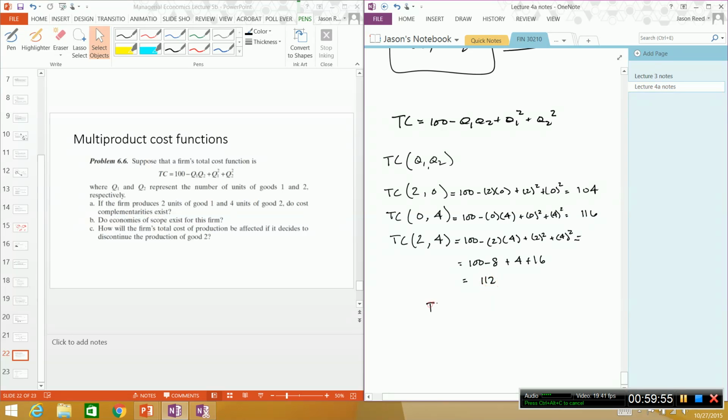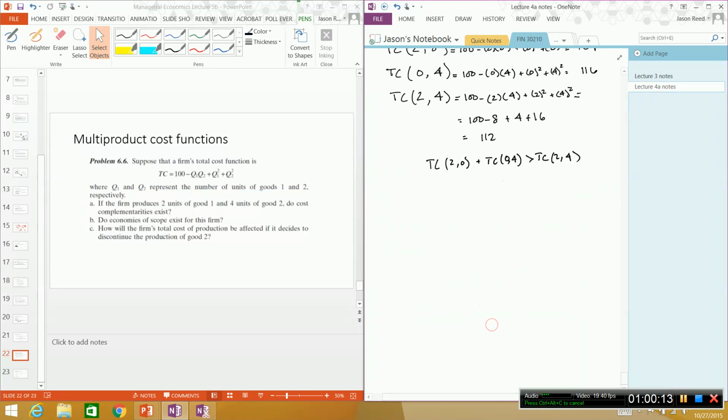So the total cost of producing 2 units of good 1 alone and 4 units of good 2 alone is surely greater than the total cost of producing both goods in the same production process. So we found that cost complementarities do exist here.